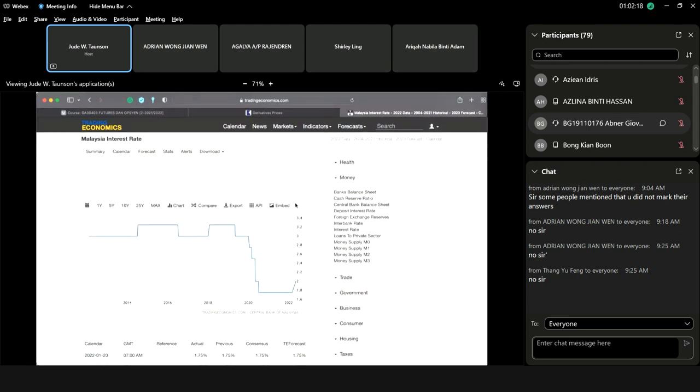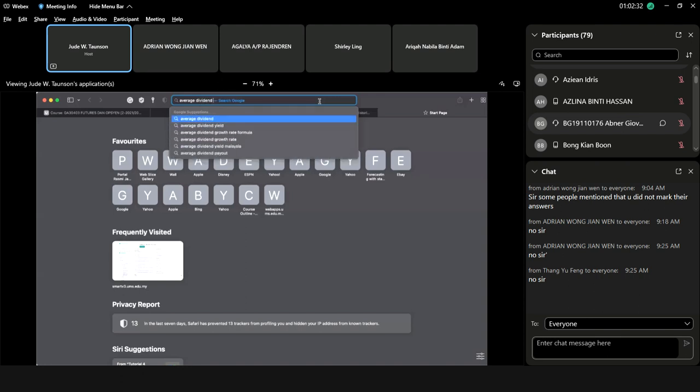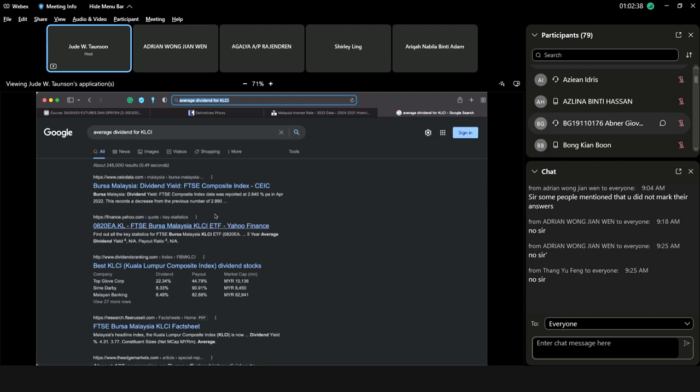Okay, next is the dividend. Next is dividend, average dividend for KLCI. Malaysia Dividend Yield FTSE Composite Index.